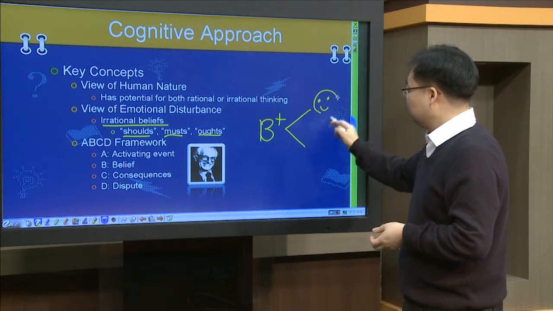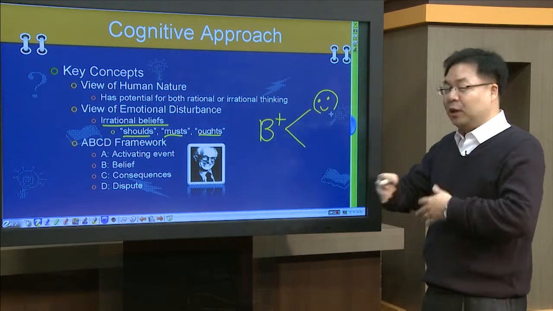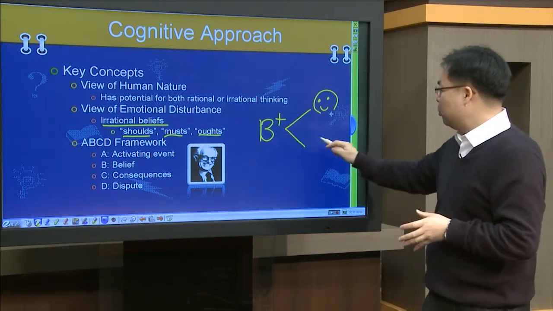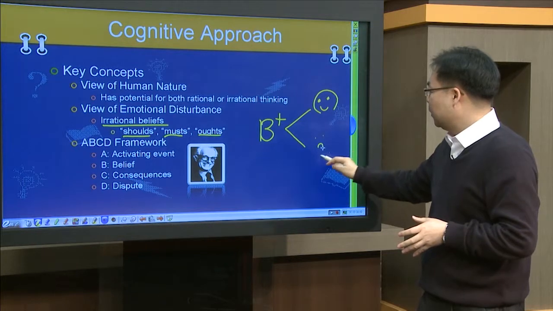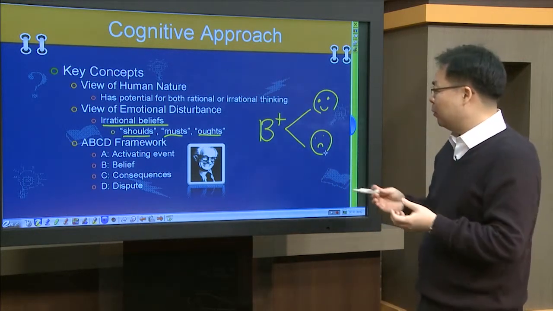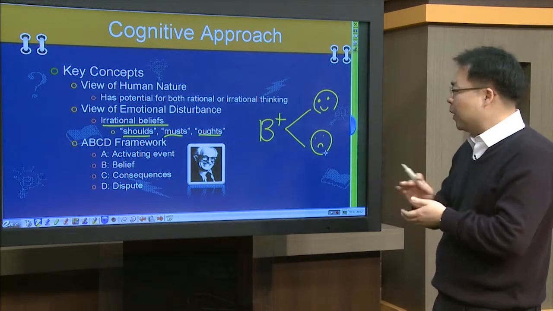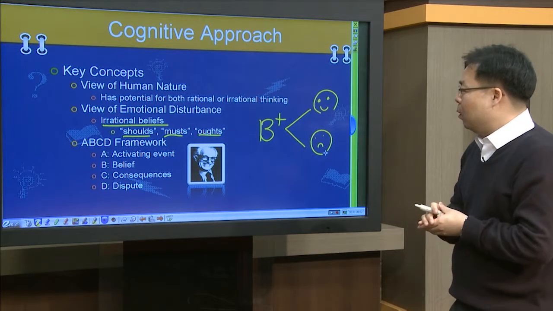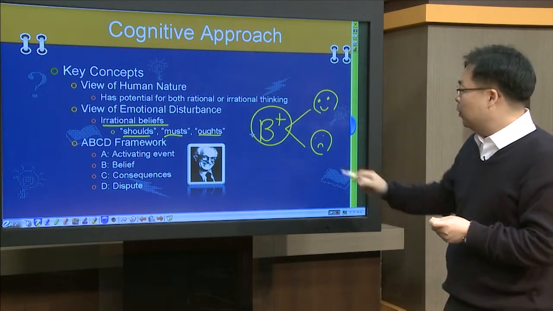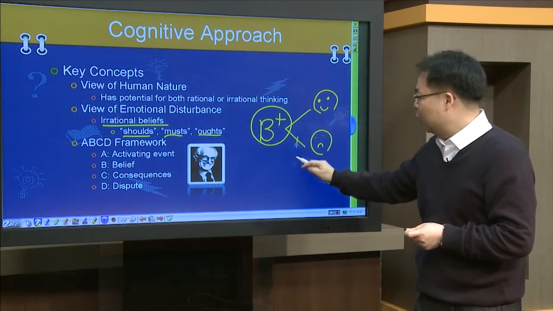They expected a B- or even a C0, but they got a B+, so they're happy. However, in the same situation, some students are so upset. Oh, I expected at least an A0 or A or even A+, but I got only a B+, so they're pretty mad at the grade. What's the difference? We have only one stimulus, but their responses are so different because they have different beliefs.